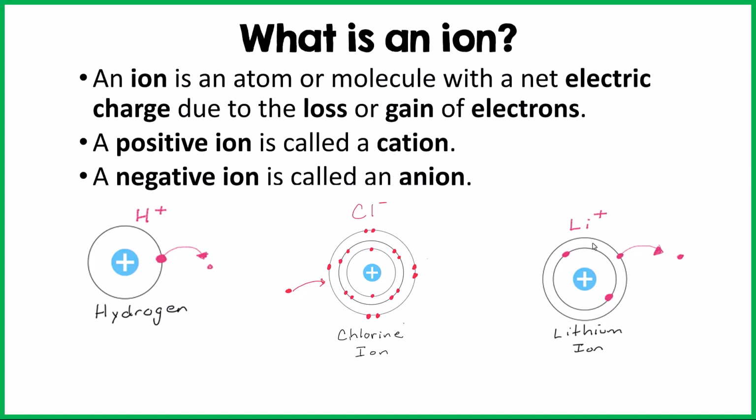And as you remember from our discussion of the periodic table, the elements on the left-hand side, the metals like lithium, and hydrogen, which has similar properties even though it's not a metal, are willing to lose electrons more readily. And chlorine is on the right side of the periodic table. It's a non-metal and it accepts electrons readily. So that's what causes them to either become a cation or an anion.